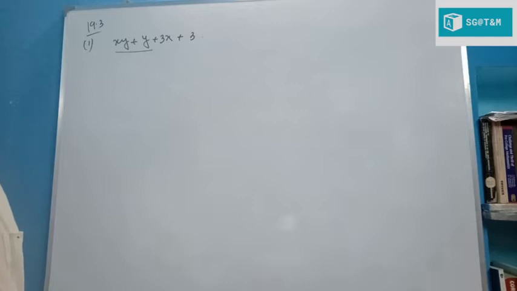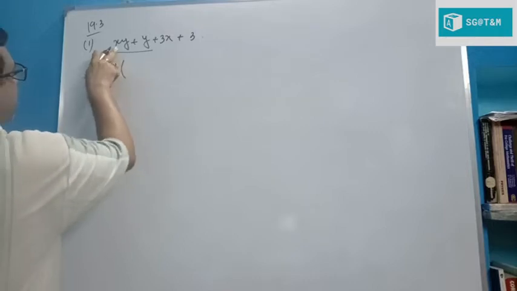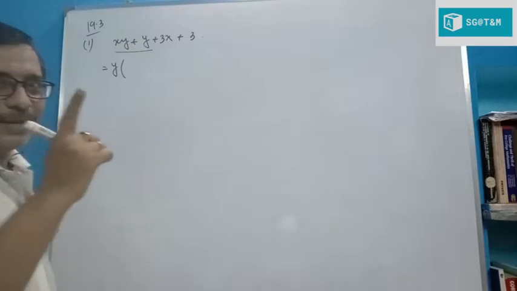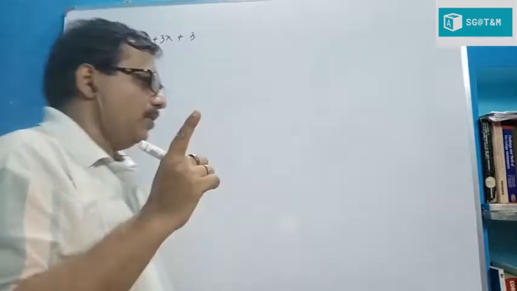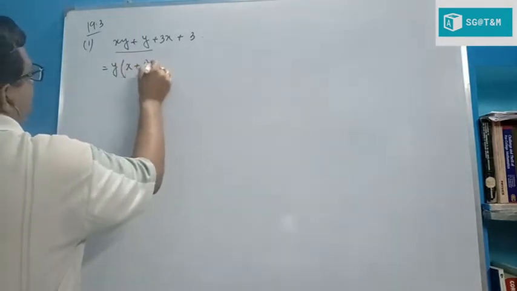Very easy. y is the common term. So from the first two terms, we take y common. The remaining is x from the first and 1 from the second. So taking y common, it is y(x + 1).